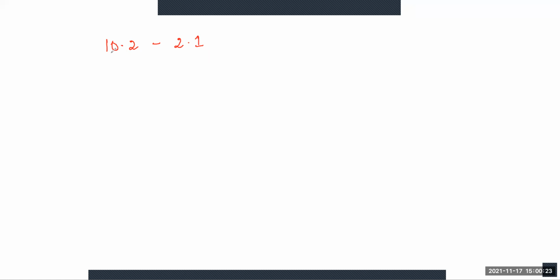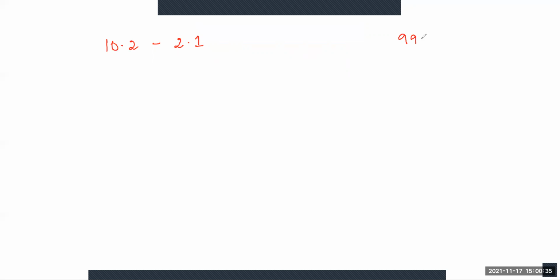Here you can see this is 10.2, but this is 2.1. So for our use here, we are considering 0.2 minus 1.